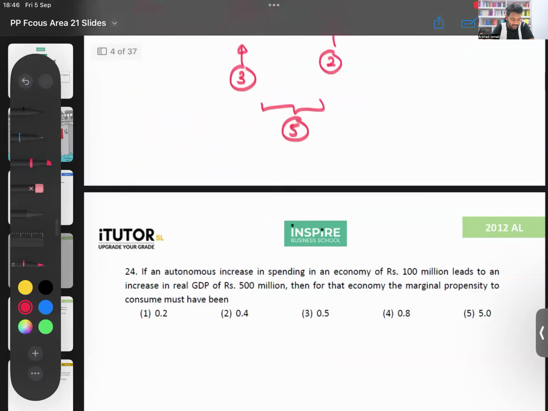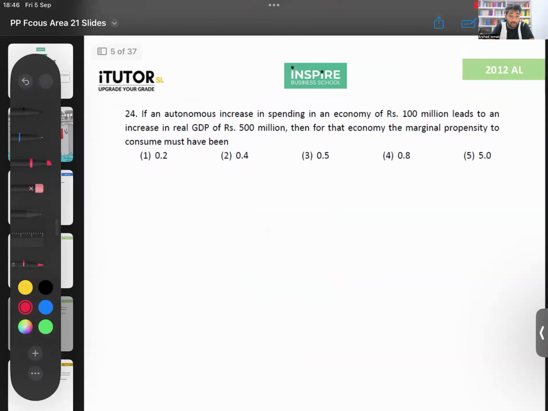Then the next one, 2012 question number 24. They are saying if an autonomous increase in spending of 100 million leads to an increase in the real GDP of 500 million, what is the MPC? So for any of these questions, you have two key equations.